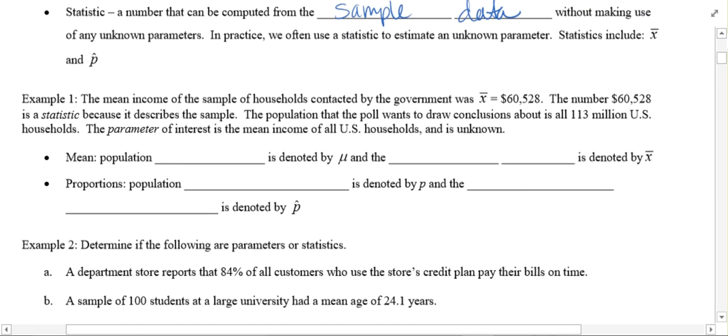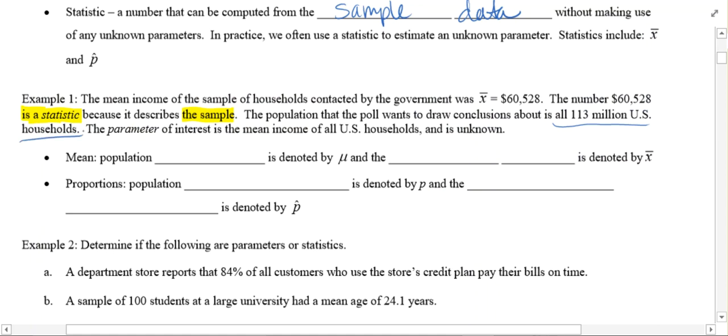The mean income of the sample of households contacted by the government was 60,528. The number 60,528 is a statistic because it describes a sample. The population that the poll wants to draw conclusions about, which is usually something you want to be able to phrase in words, is the 113 million US households.